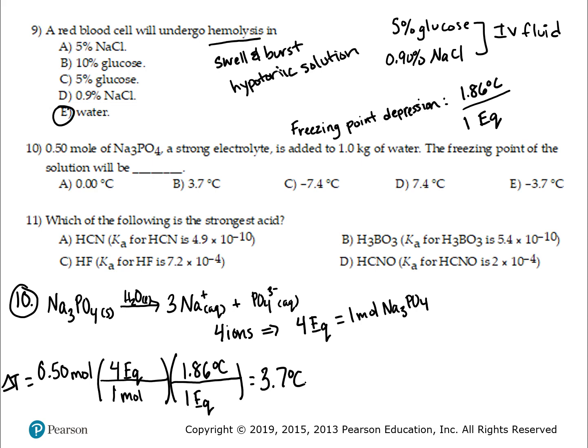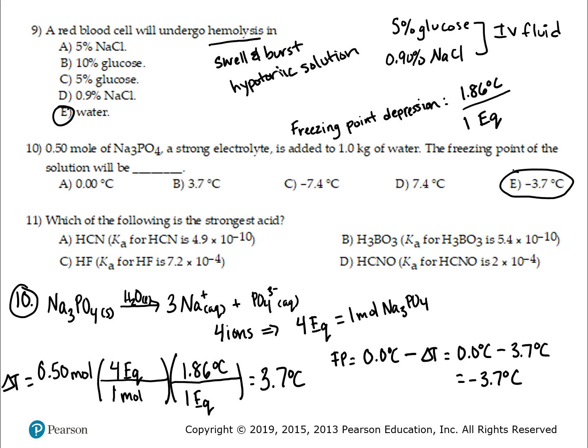But that's the change in temperature, not the freezing point. For the freezing point, you have to take the freezing point of water, which is 0 degrees, and subtract your delta T. So your answer should be E, negative 3.7 degrees Celsius. Questions? Or are we ready for number 11?